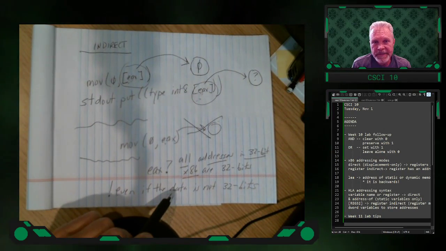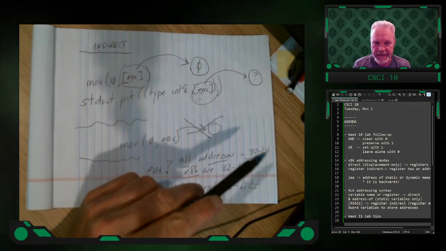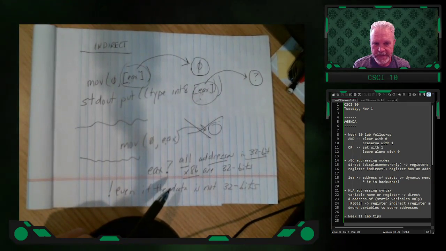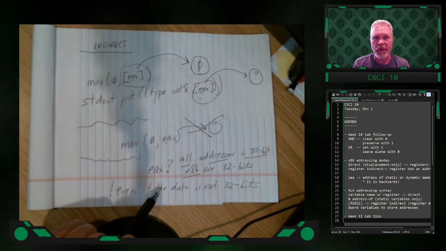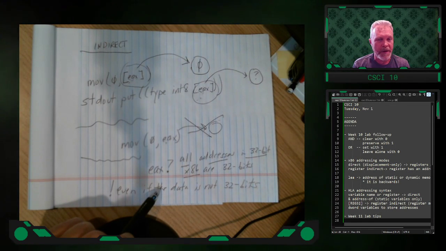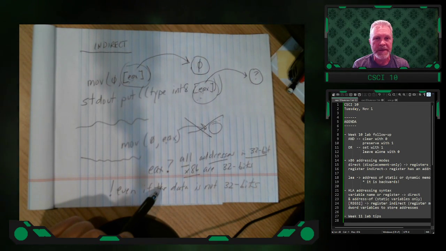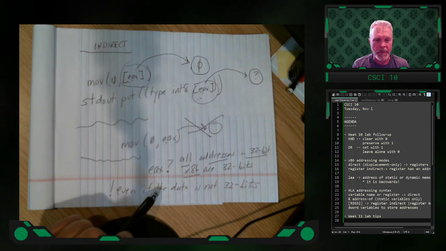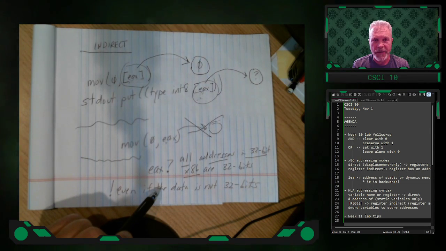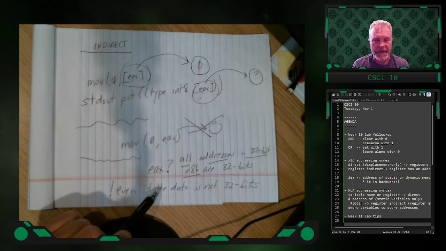It just is. So in x86 32-bit assembly, the address of everything is 32 bits. The address of 8-bit variables is 32 bits. The address of 16-bit variables is 32 bits. The address of 32-bit variables is 32 bits.